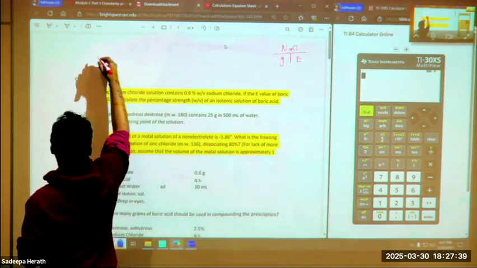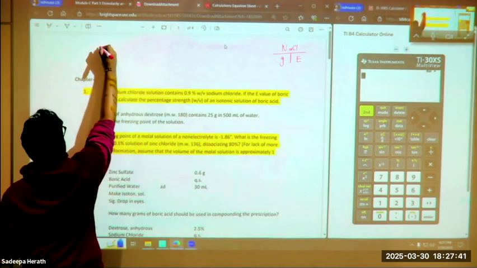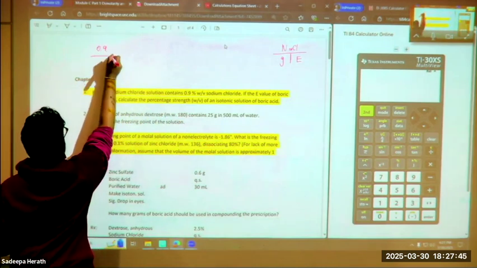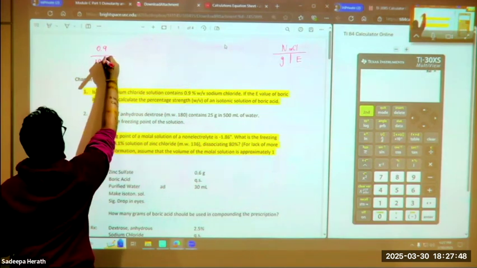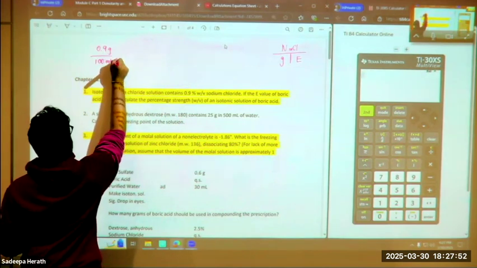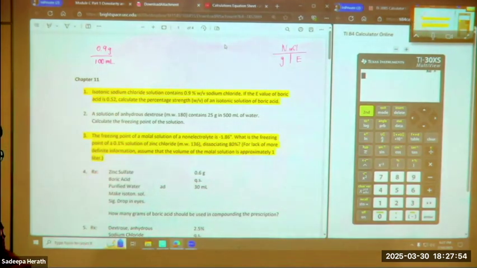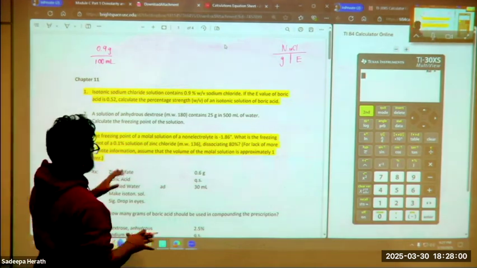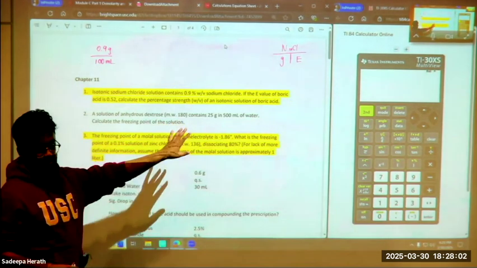So 0.9% is, remember the way that I extract this, 0.9 grams per 100 ml. Okay, so let's just take out the 0.9 grams from that, because we're going to end up with something over 100 ml anyways.